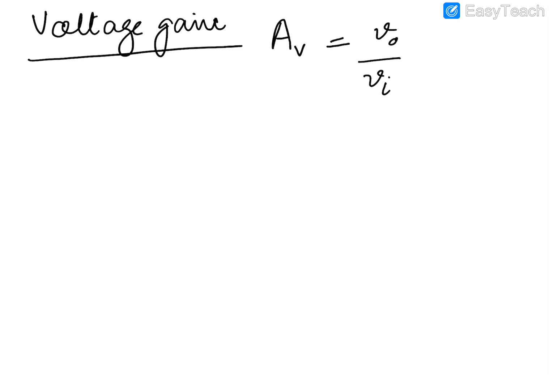And if the output voltage is out of phase with respect to the input voltage, then there will be a negative sign with the voltage gain.